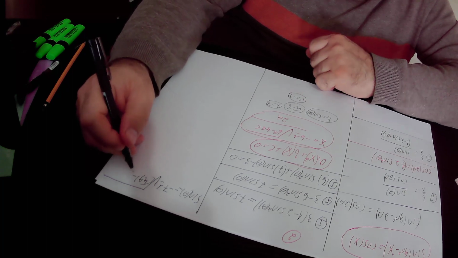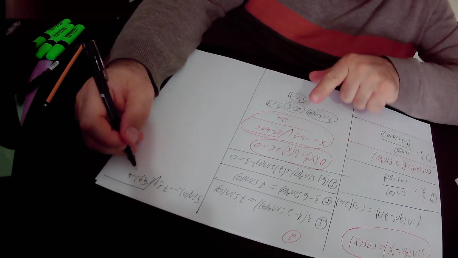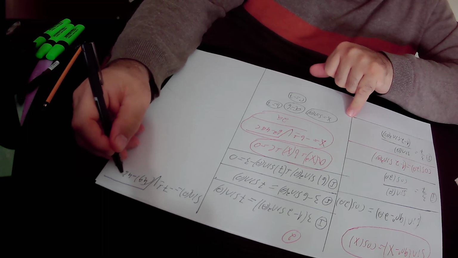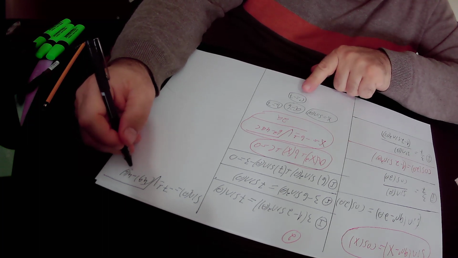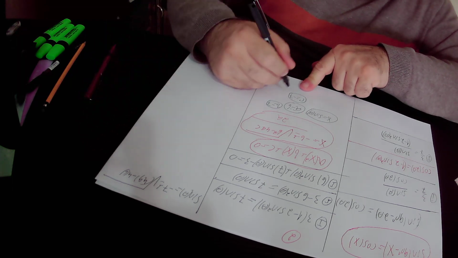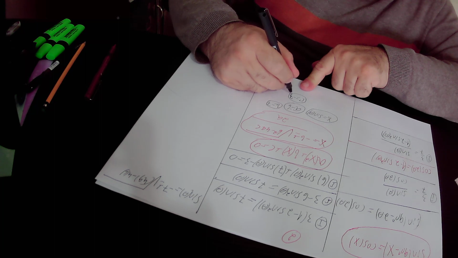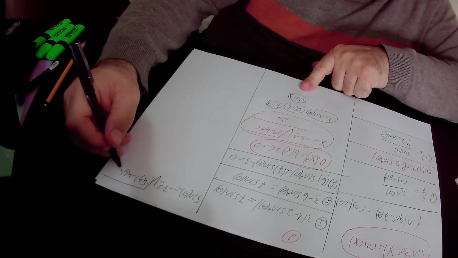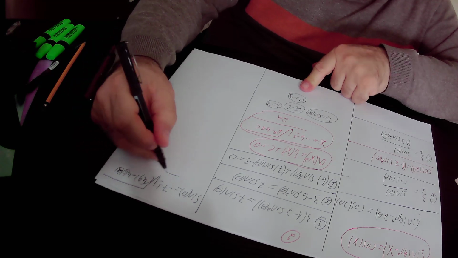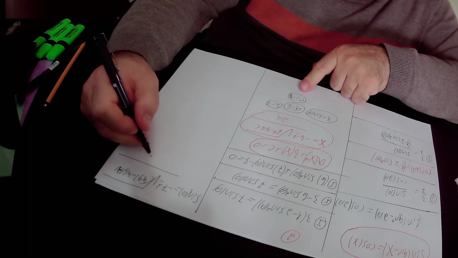Minus 4 times a, which is 6, and c is minus 3. Divided by 2a. A is 6, so it is 2 times 6.